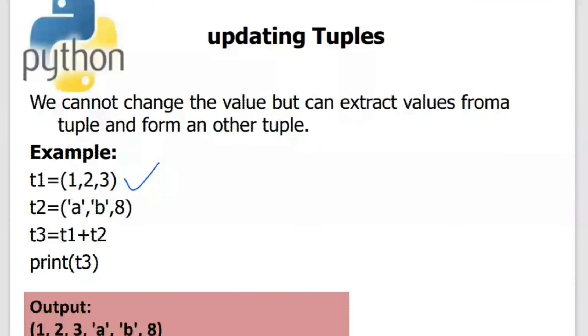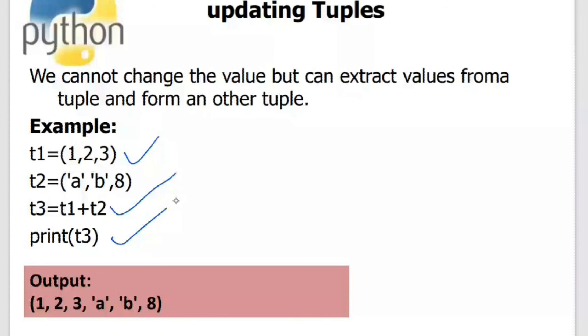By using the concatenation operator, I can create a new tuple by combining these two tuples, T1 plus T2, which I can call T3. Now when I print T3, it will contain all the values from T1 and T2, where T2 is added to the end of T1. So this is updating tuples.